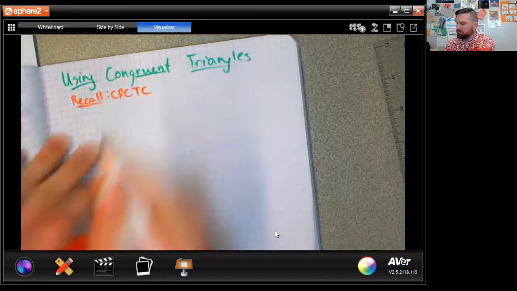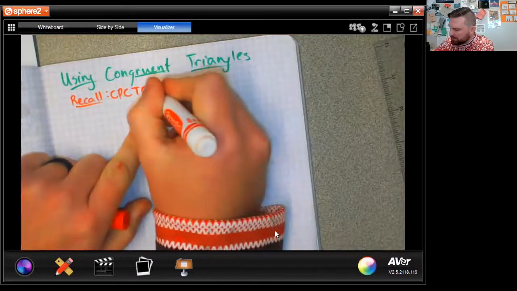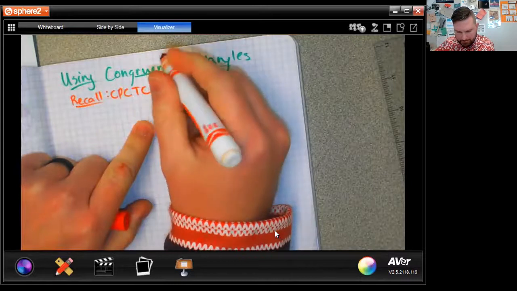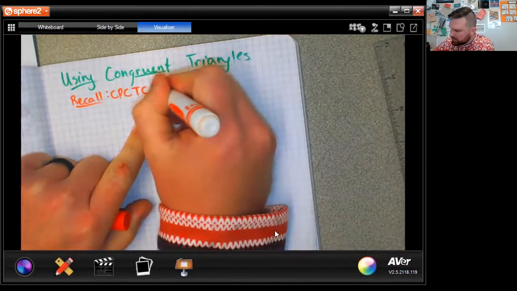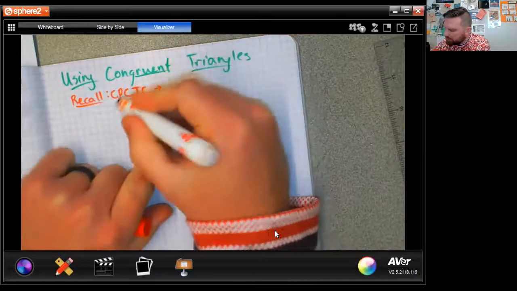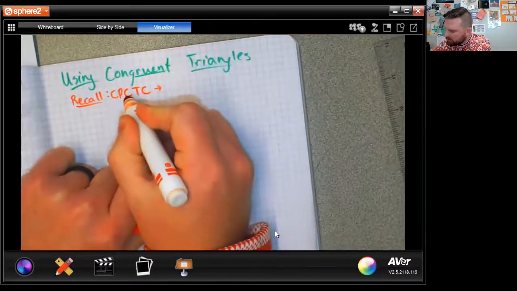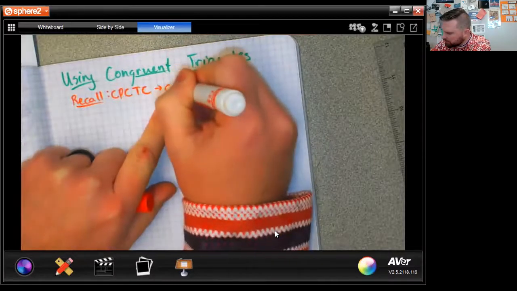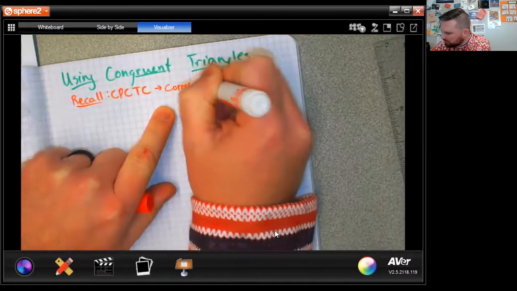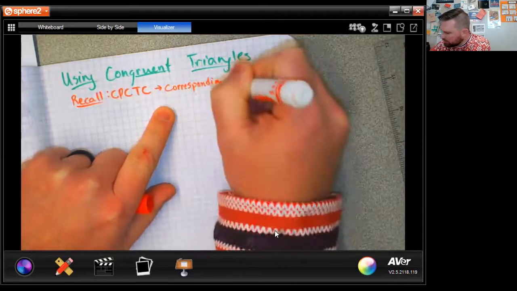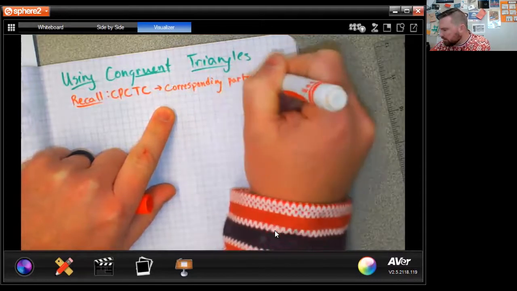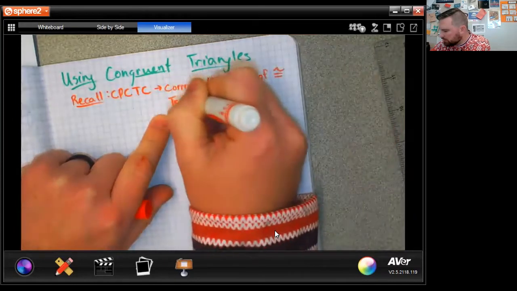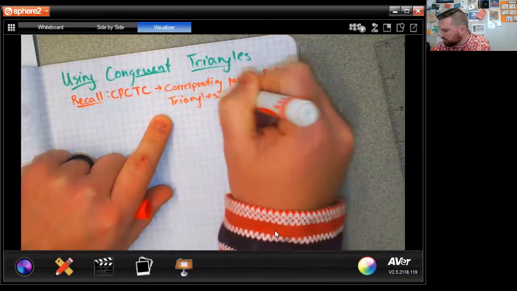That means corresponding parts of congruent triangles are congruent.